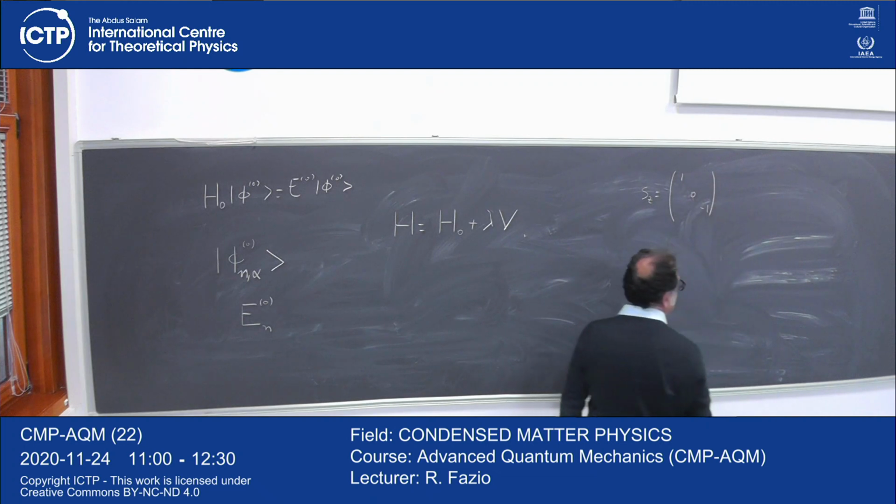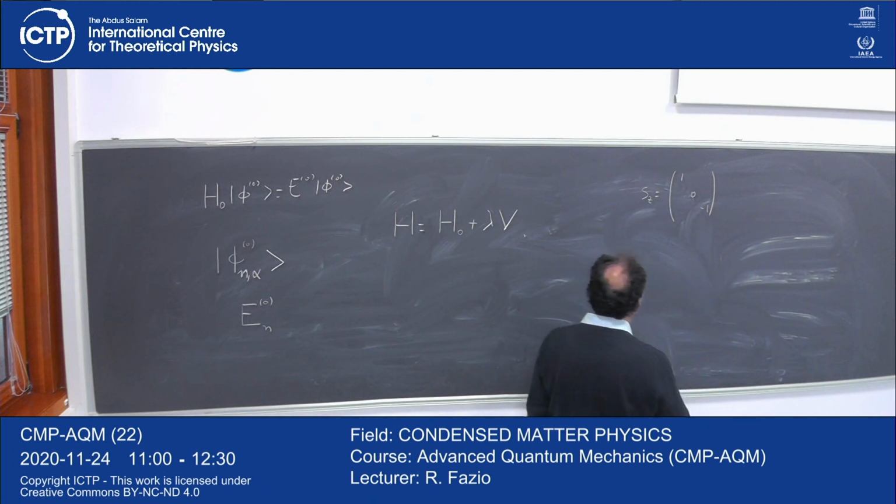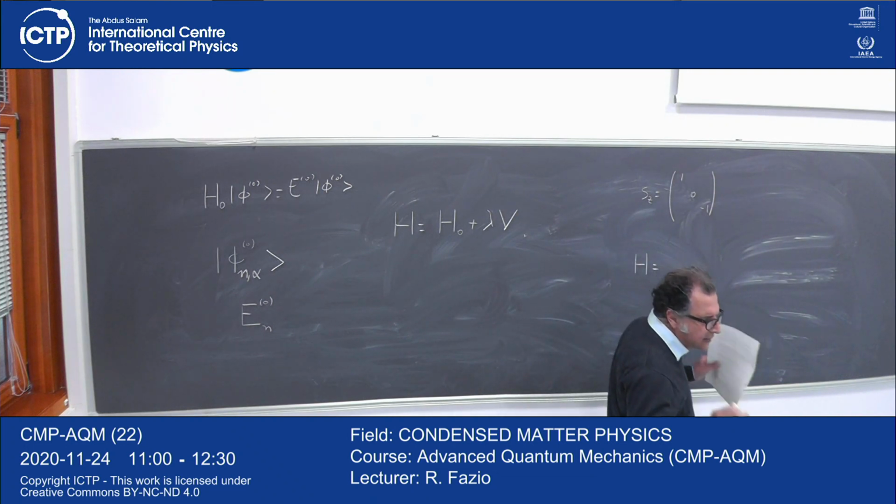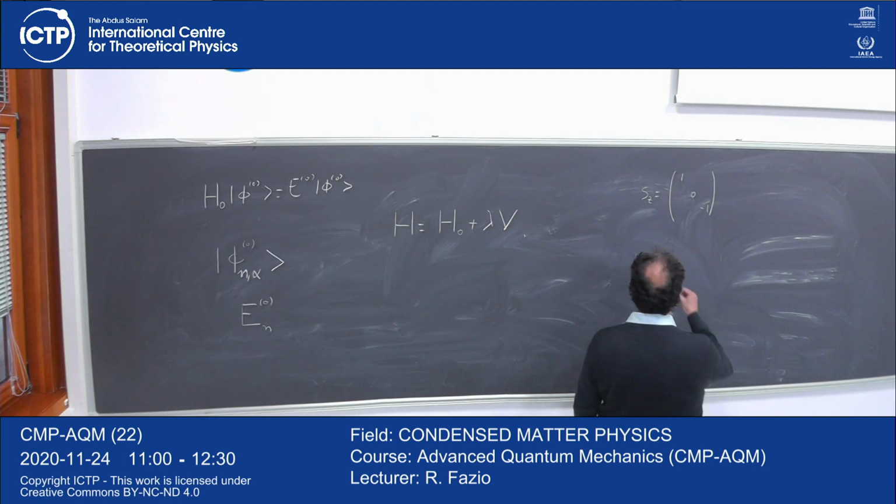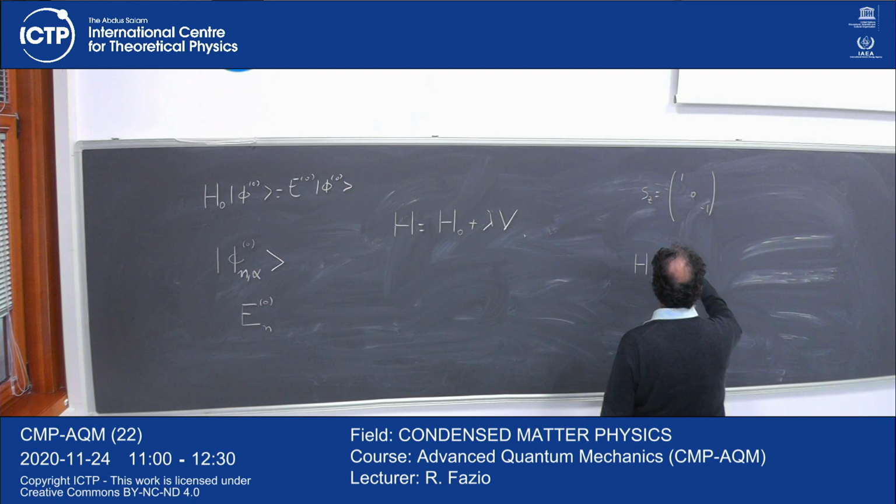Now suppose that you have, and it is not important to find the origin of this term, but in principle you may have terms like this: B, let's say B Sz squared.